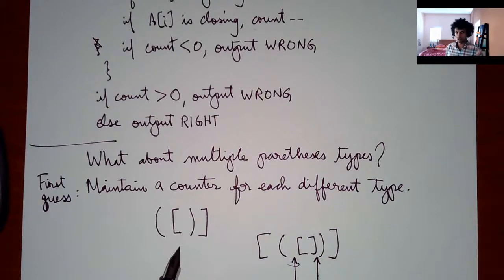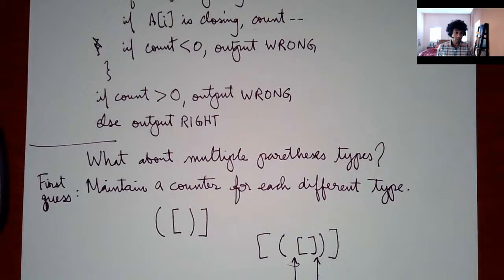There's something about things being adjacent, that a closing should never be adjacent to a different opening. And this is exactly the kind of information that is very easy to track using a stack.